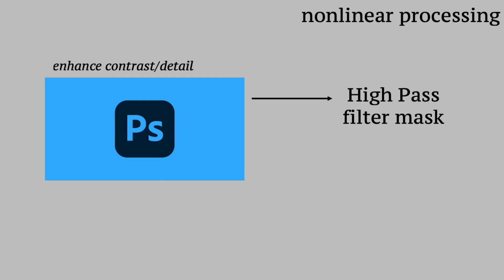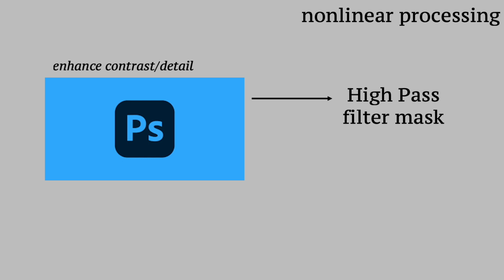The next thing that we're going to do in Photoshop is we are going to, if we need to, enhance the contrast and detail. And in this we're going to use a high pass filter mask. So both Photoshop and Pixinsight allow you the use of masks, which is something that you can work on only a part of the image, a specific part of the image that you select through different processes, so that you're not affecting the entire image, you're just working a part of it.